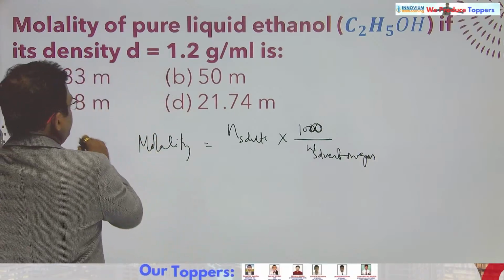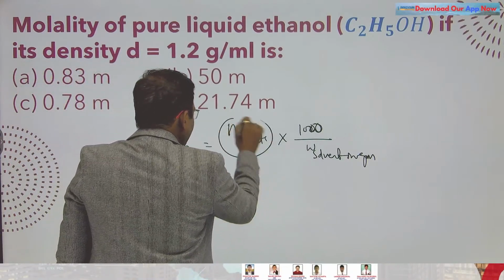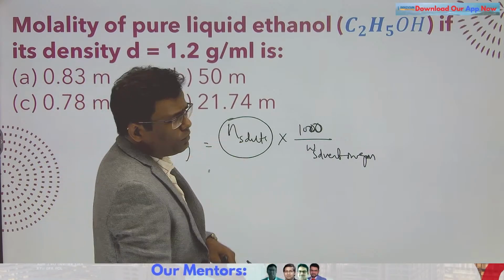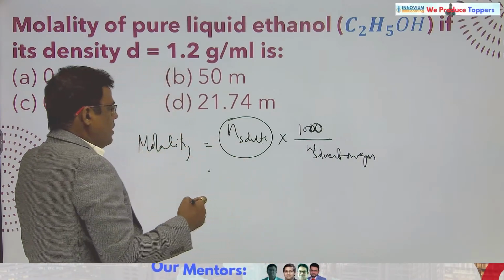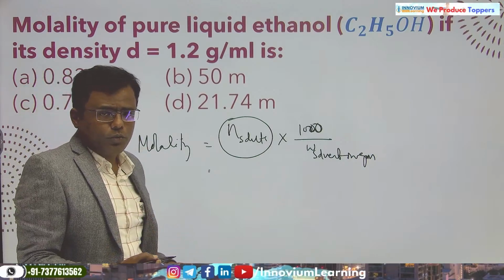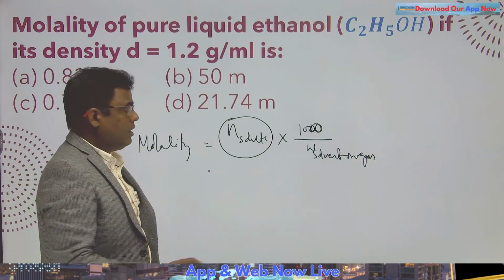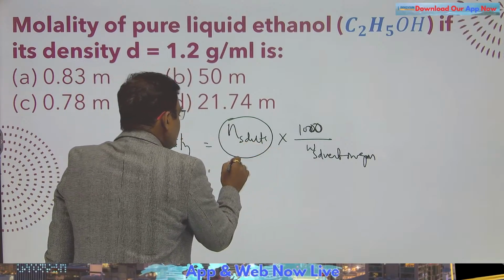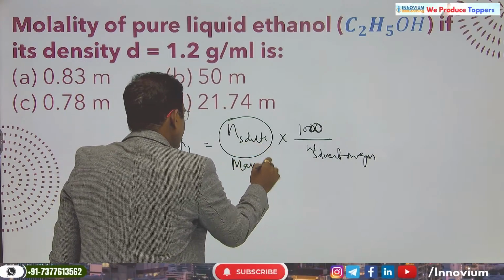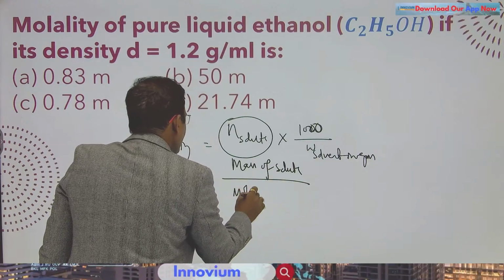Now here you see this can be expanded, number of moles of solute. Now tell me, if the mass of solute is given and the molar mass of solute is known to us, then how can we find out the number of moles of solute? That is mass of solute by molar mass of solute.